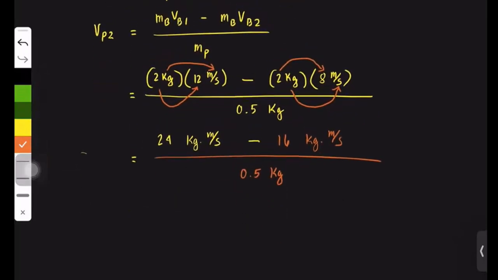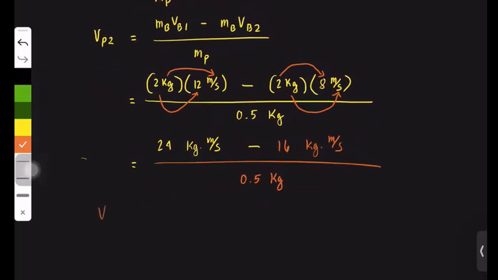Now, all you need to do is the operation. We have 24 minus 16, which gives you 8, with units kilogram times meter per second, divided by 0.5 kilograms.